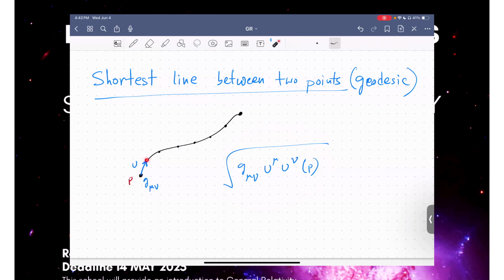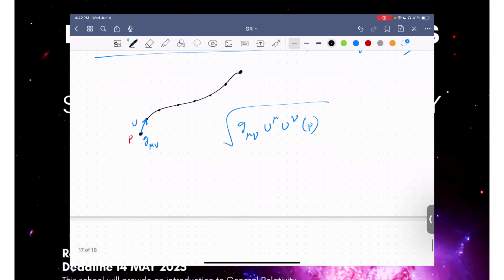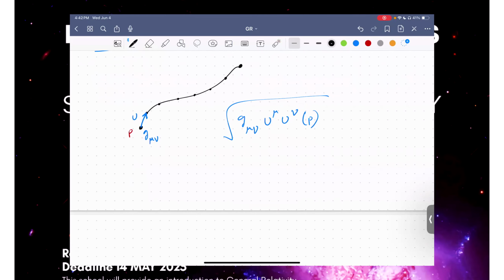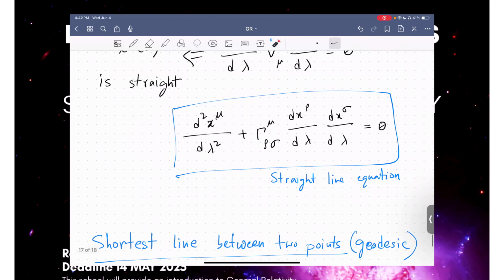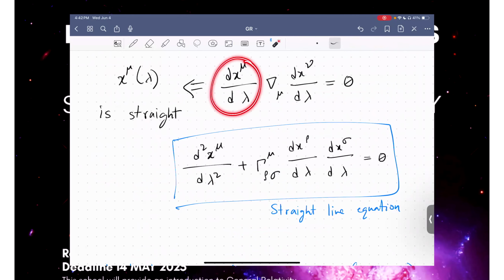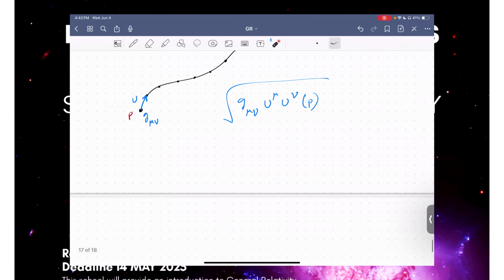Similarly, you compute the length of the vector here, and the length of the vector here, and then you add up all these lengths. Now remember your calculus class, this will simply become an integration, right? We already established that the expression for the tangent vector is a derivative.